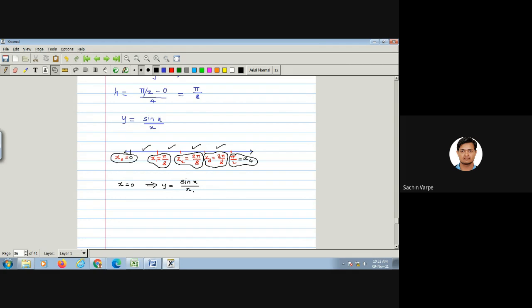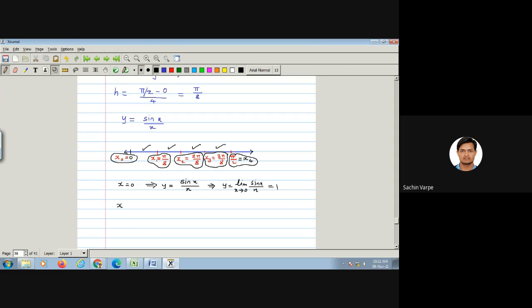At x equal to 0, we get the 0 by 0 form, and in case of 0 by 0 form, we differentiate by L'Hopital's rule, and we will get the limit to be 1. So y is the limit of sin x upon x as x tends to 0, and that is 1.